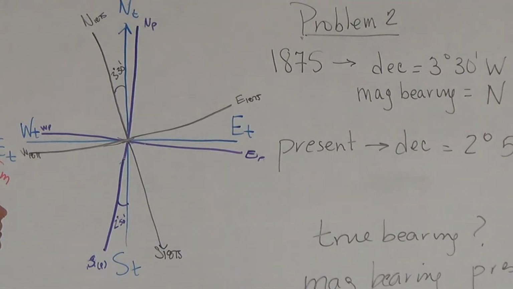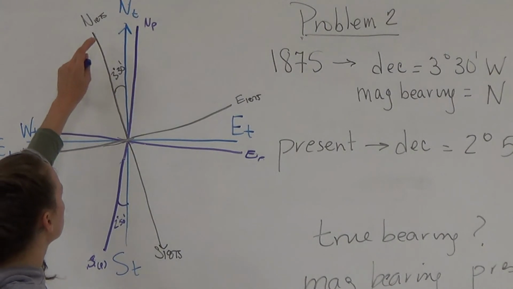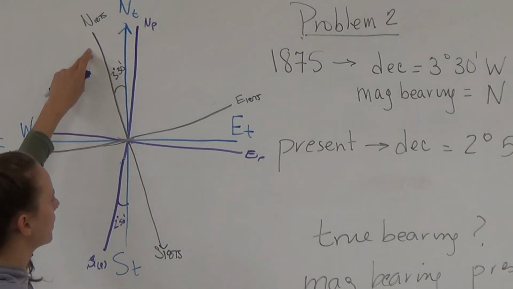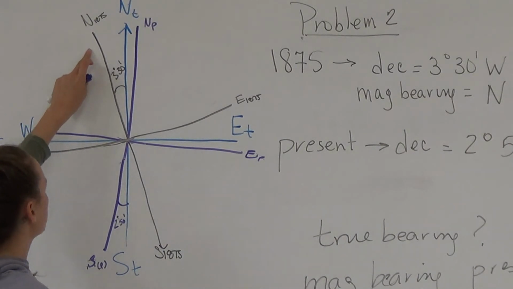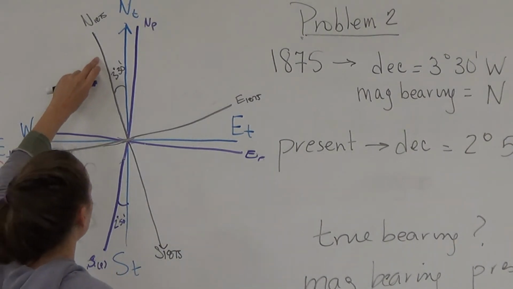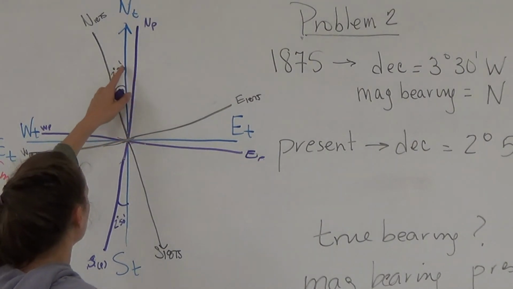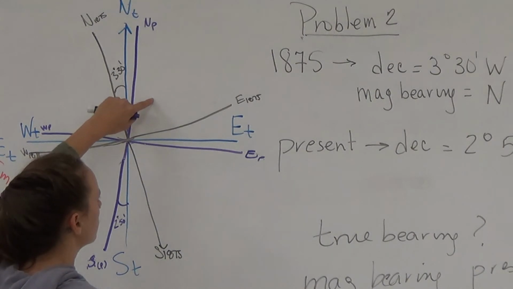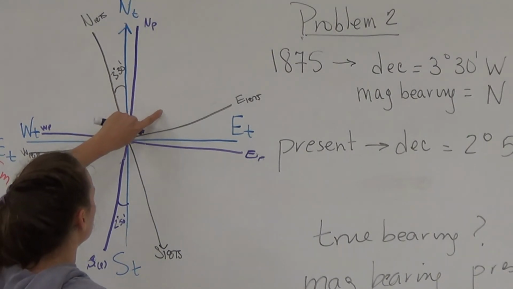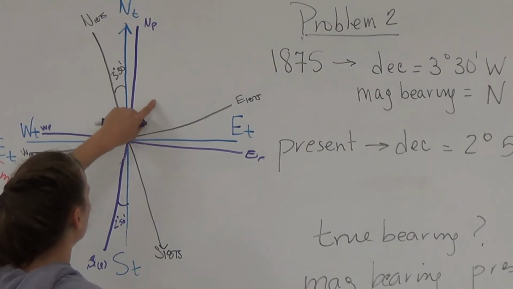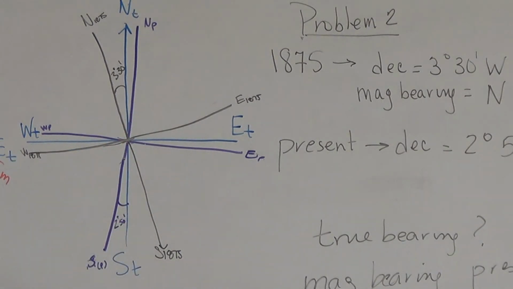And then draw in the magnetic bearing. I'm just going to use black again. So it's north, we're talking 1875, and then it goes 65 degrees, 35 minutes east. So that would be about around here.